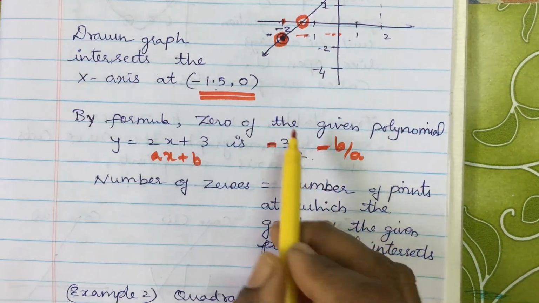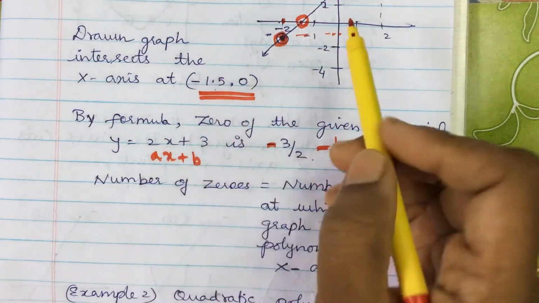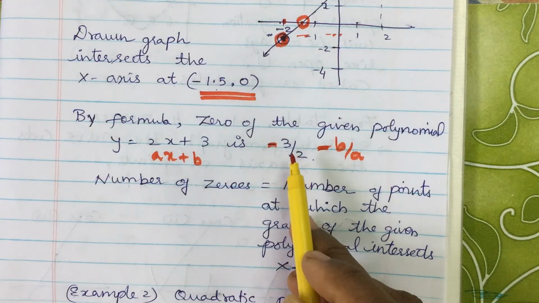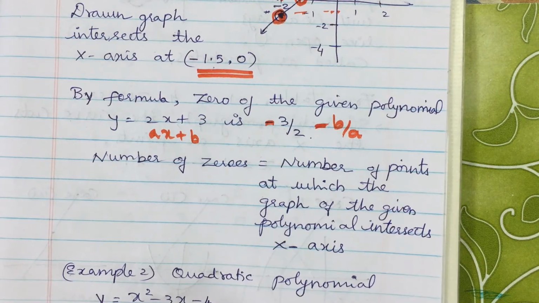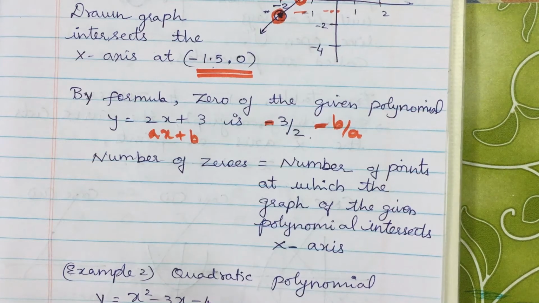Okay, so if you compare these two, then you will observe both are the same. The point at which your graph cuts the x-axis and the zero you got from the formula, both are observed to be the same, right? And from the graph you can observe wherever it cuts the x-axis, that point is going to be the zero of the given polynomial, that you can conclude.